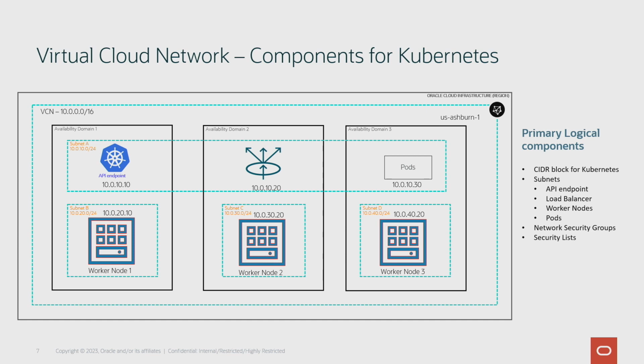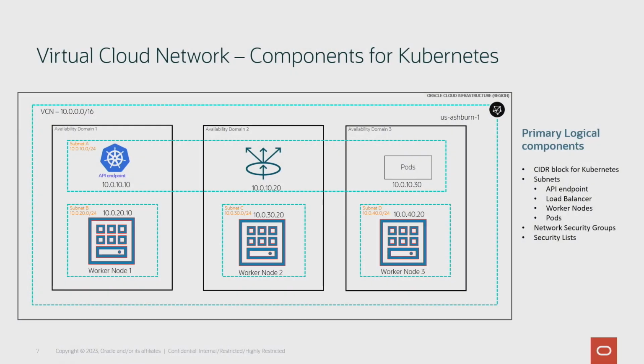So here in this example, I've created 3 AD-specific subnets called subnet B, subnet C, and subnet D. But on the other hand, there is a choice of having a regional subnet wherein you can have a subnet that would have its presence across the ADs, and you as a developer are independent to just deploy your Kubernetes resources in whichever ADs you want, right?